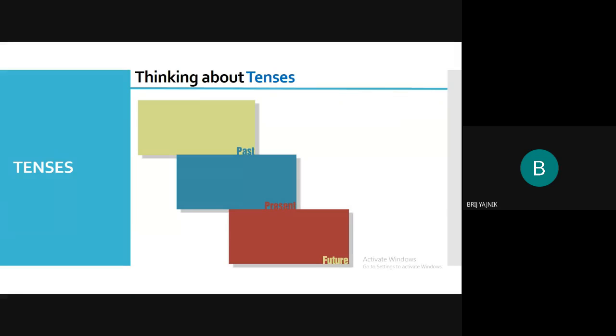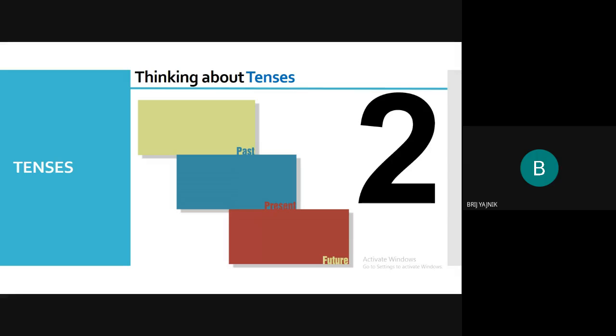Now, the problem is that in communicative language, or in English, there are actually two, and these two are the original tenses. The one odd one is not actually a tense.